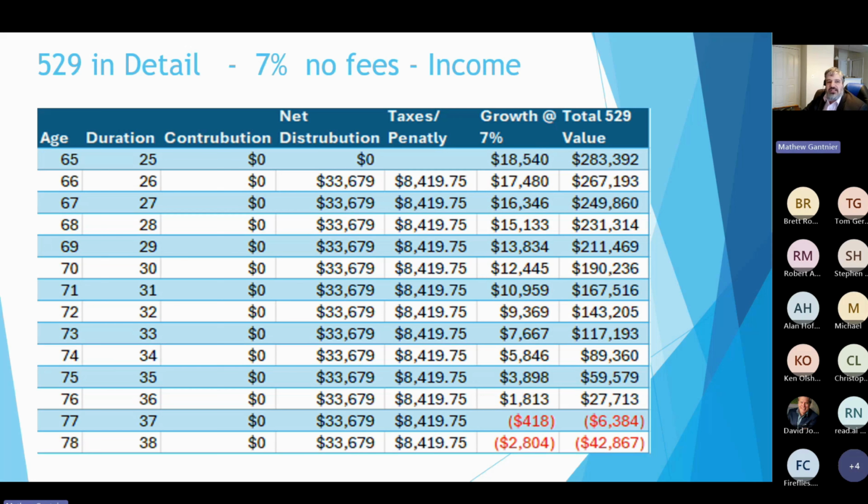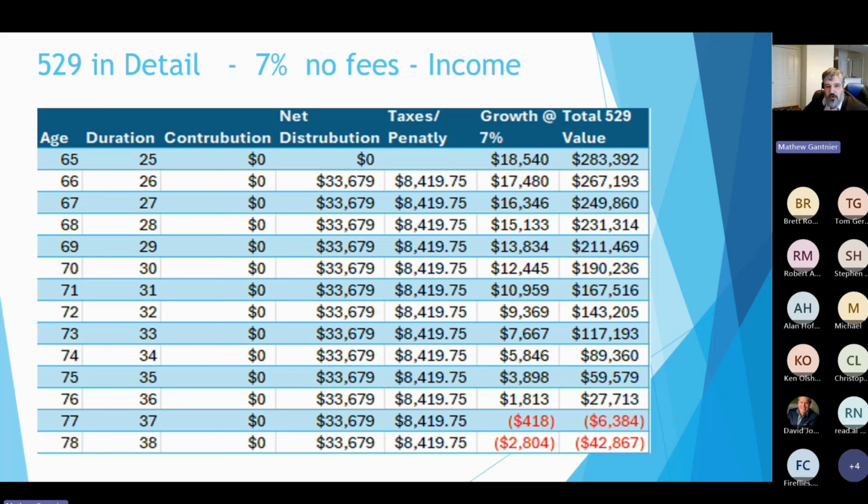But because this is not an educational expense, they're going to be hit with both taxes and penalties. So they have a 10% penalty for a non-qualified withdrawal. And since they're in retirement years, I'm just showing a flat 15% income bracket that would vary based on the client and what other income they receive in those years. But assuming that 15% plus that 10%, they have 25% in taxes and penalties off of that distribution.